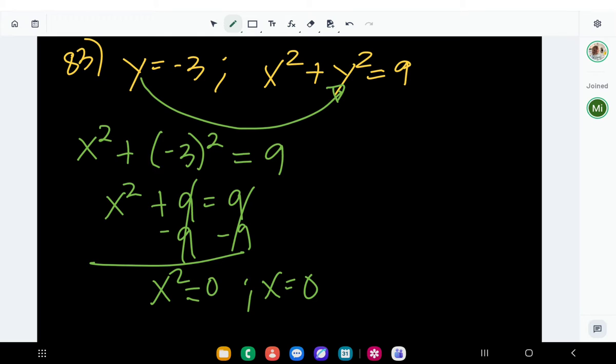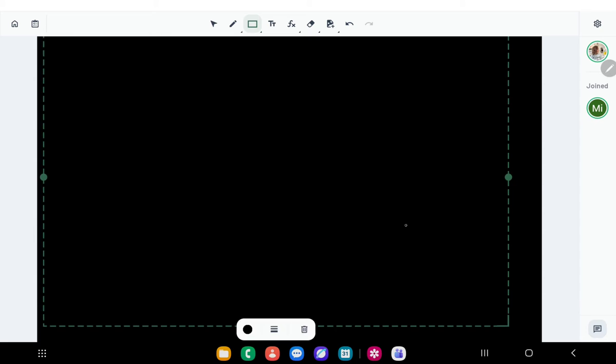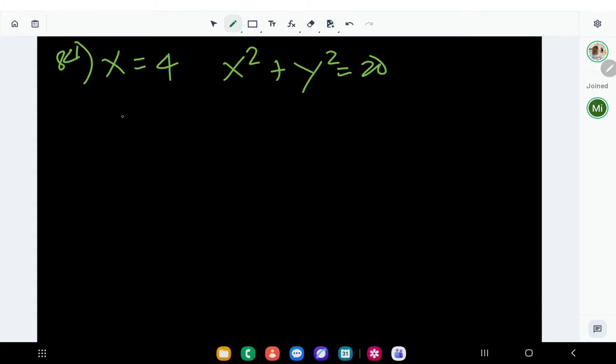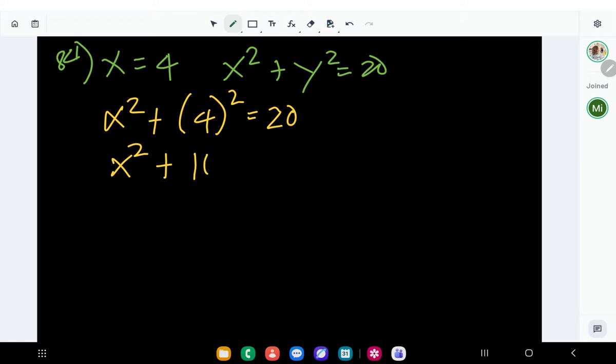Then for 84, move on to 84. This one is the same. Okay.